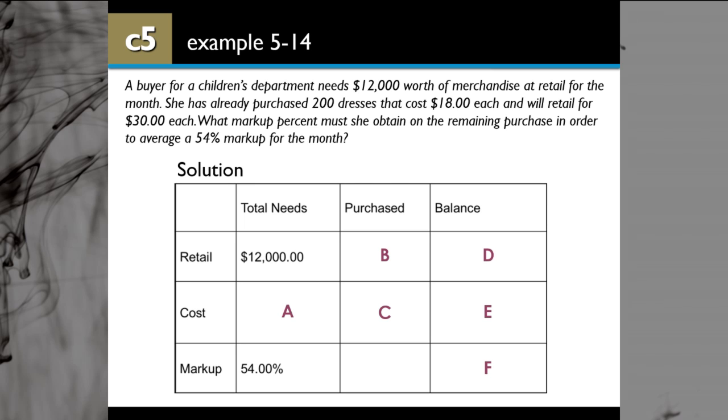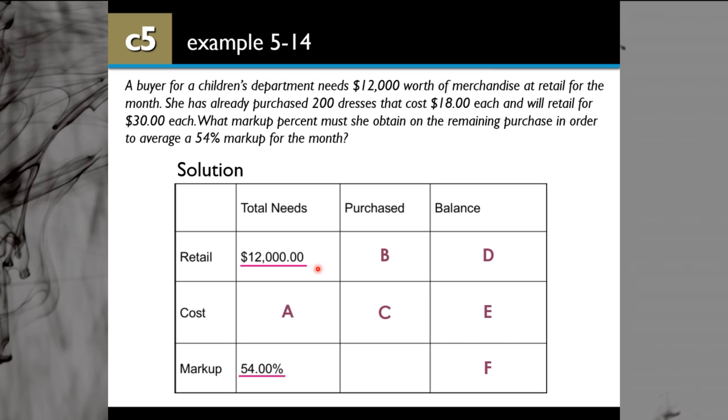So what you need to do first is calculate your total needs at cost. At this point, you know your total needs at retail, and you also know the markup percent. And again, your retail percent will always be 100.